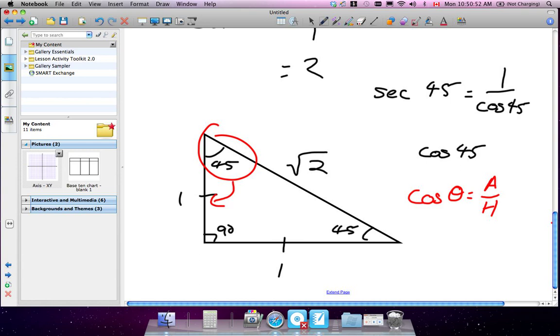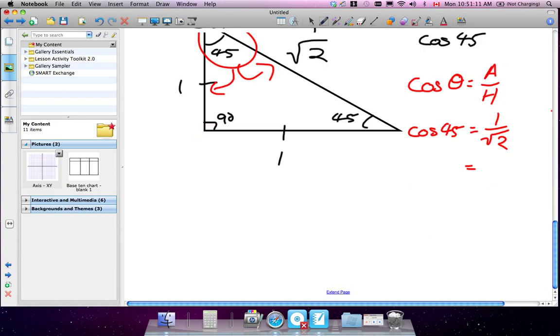Adjacent is the side touching that's not the hypotenuse, and the hypotenuse is root 2. So cos 45 is equal to 1 over root 2, but we're looking for secant. So they want us to invert this answer. If I invert that, I put root 2 on top and 1 on bottom, which means it's equal to root 2. That's if they want things written as radicals.